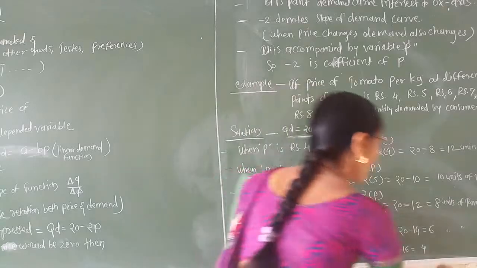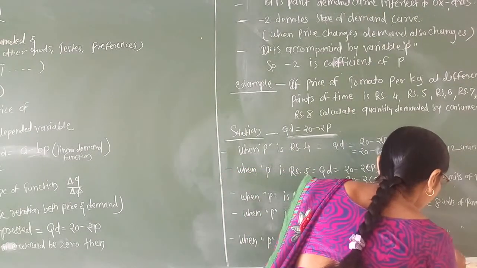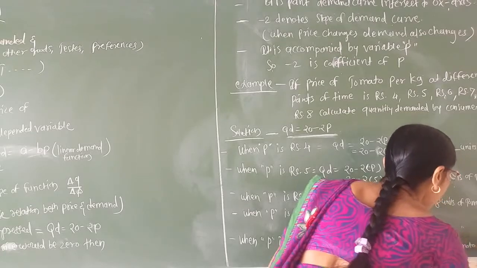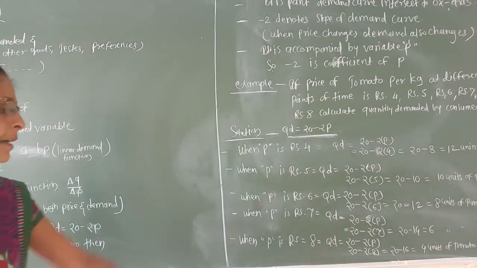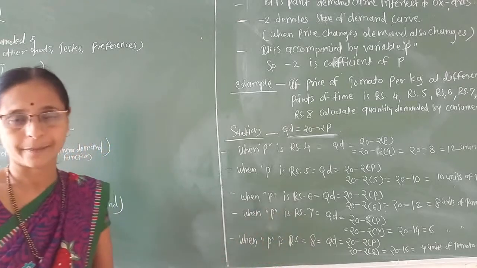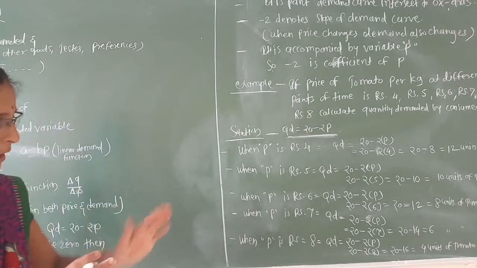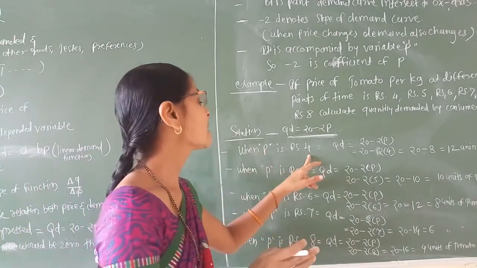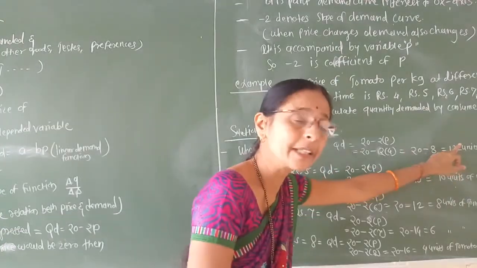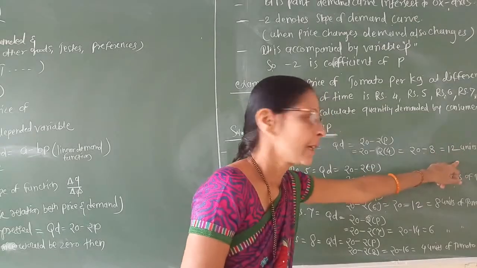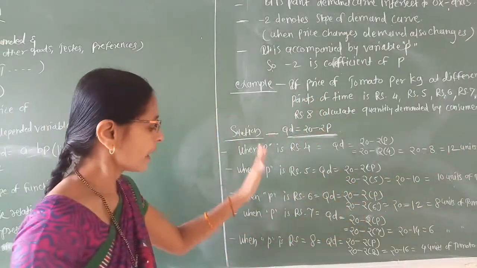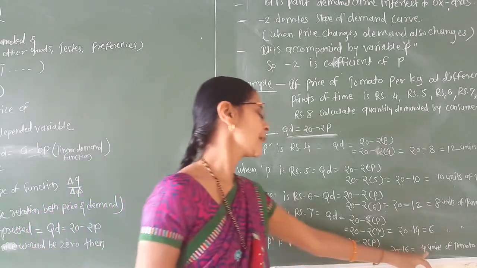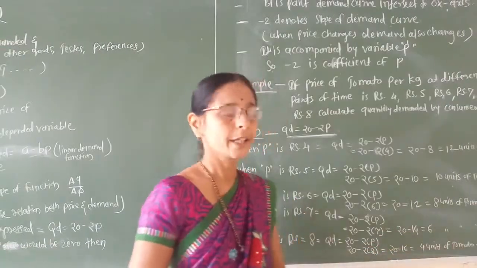If you observe, at rupees 4 the consumer demanded 12 units of tomato, but at rupees 8 per kg only 4 units.